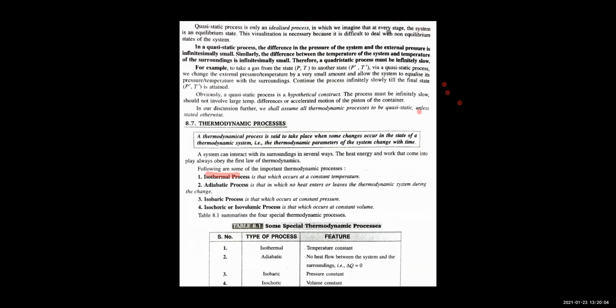For isothermal process, the ideal gas equation can be written as PV equal to constant.